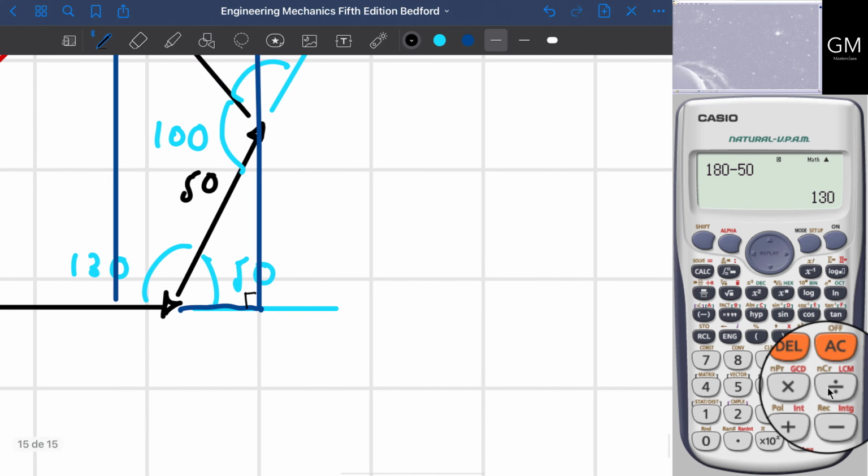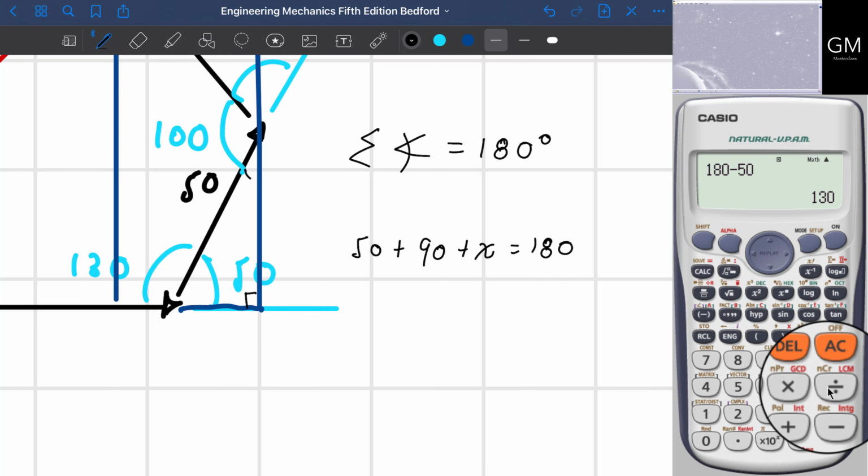So you have to remember that every summatory of the angles within a right triangle, that means a triangle that has a 90 degrees angle, has to be equal to 180 degrees. Hence I have right here that 50 degrees plus 90 degrees plus x degrees has to be equal to 180. This is x.